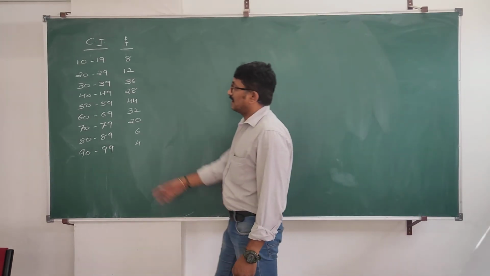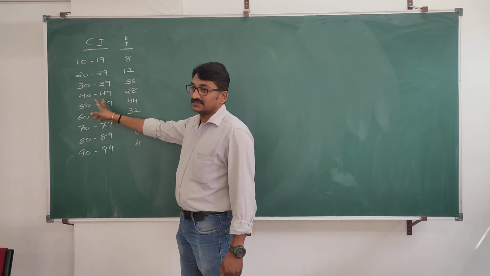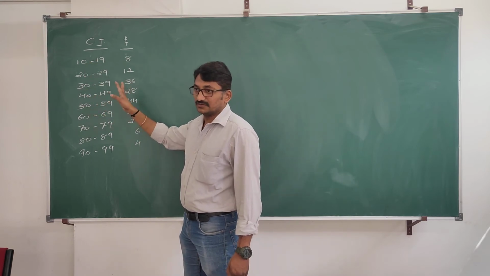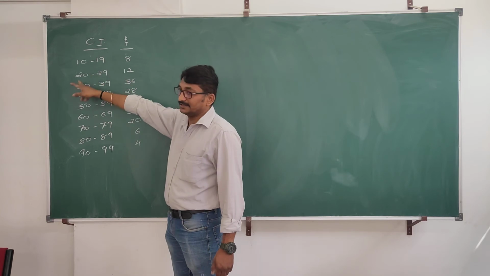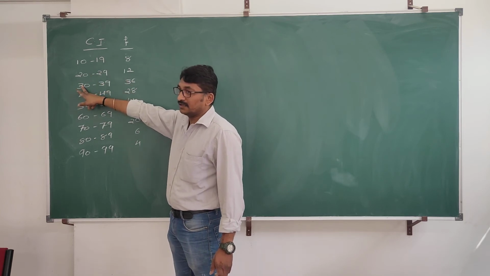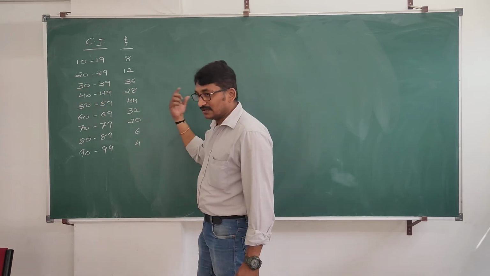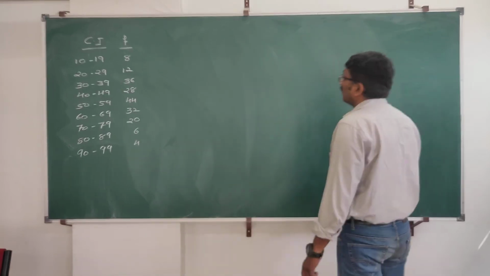Now see, which method of class intervals is given? Inclusive or exclusive? Inclusive, because the upper limit is not repeated again as a lower limit. So write down the correction factor formula and find the correction factor.